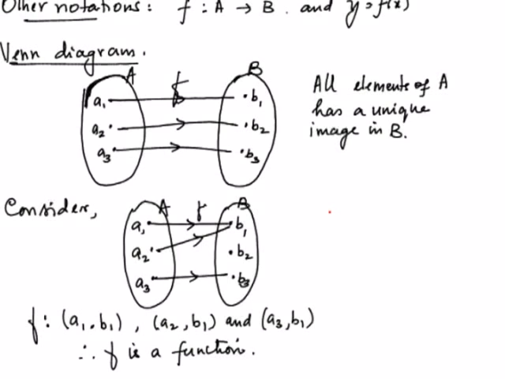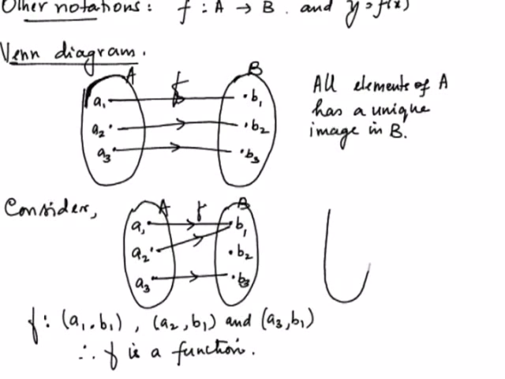As I told you, it's very customary that you name the sets as A and B. Let's define a function from A to B as a1 being related with b1, a2 being related with b1 again, and a3 being related with b3. Is this a function? Definitely yes.